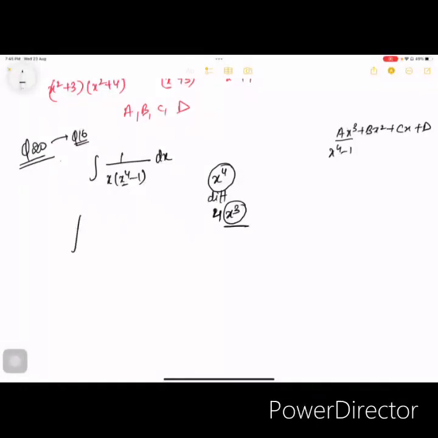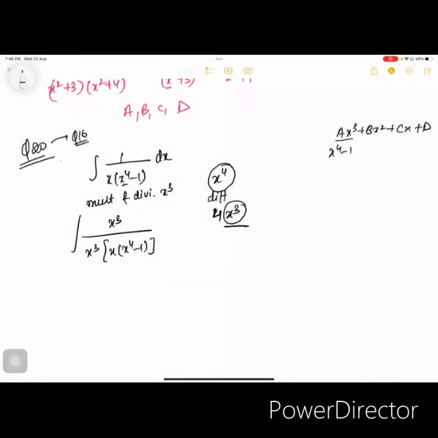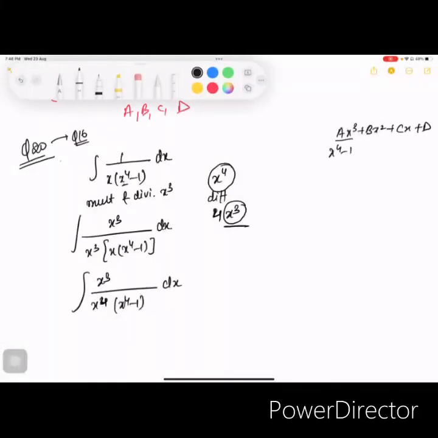So just simply multiplying and divided by x cube. It is x raised to power 4, x raised to power 4 minus 1 dx.